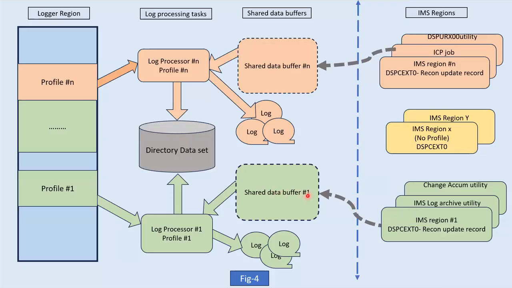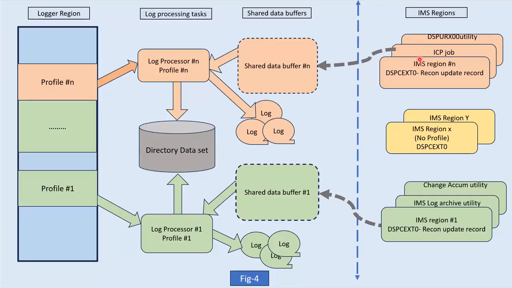And then the log processing task will come asynchronously, retrieve the records and write them in the log data set. If it needs to allocate a new log data set, it will do that automatically. And as I mentioned, every time a new log is allocated or a log is closed, it updates the directory data set.